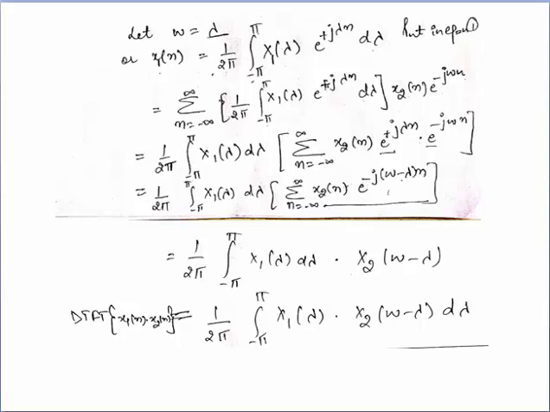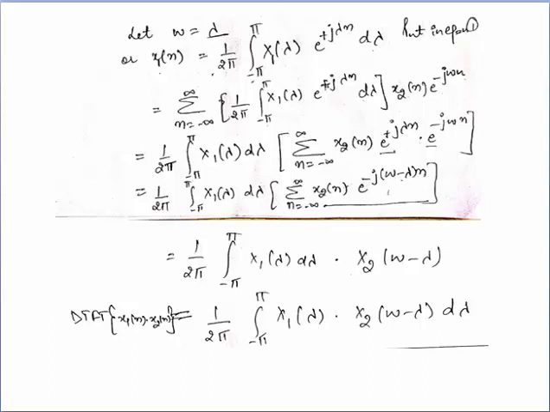Put this equation in equation number 1. So equation number 1 becomes summation n tends to minus infinity to infinity into 1 by 2 pi integration minus pi to pi X1(lambda) e raised to power plus j lambda n d lambda into x2(n) e raised to power minus j omega n.